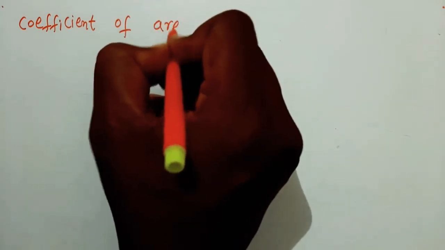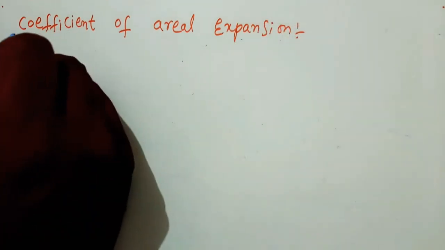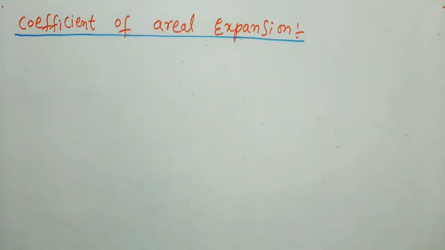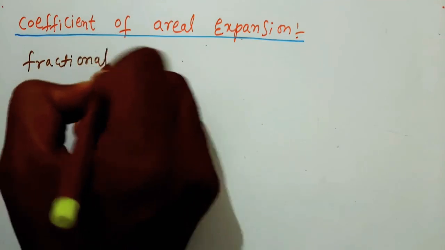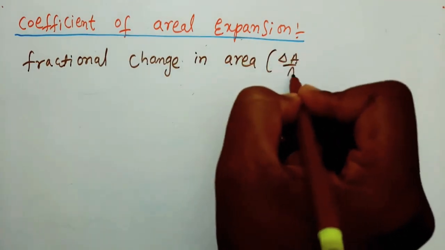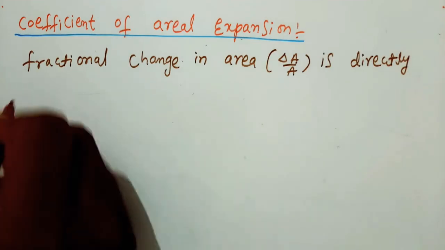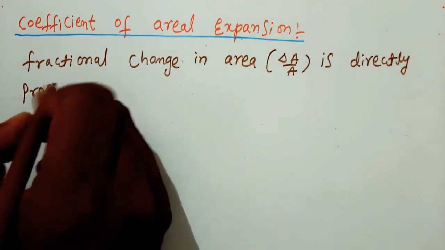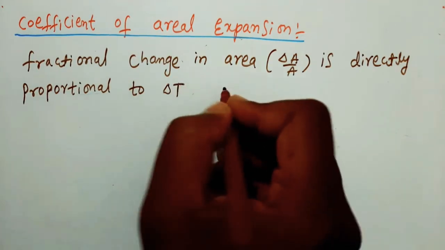Coefficient of areal expansion. Fractional change in area, that is del A by A, is directly proportional to del T, if del T is small.